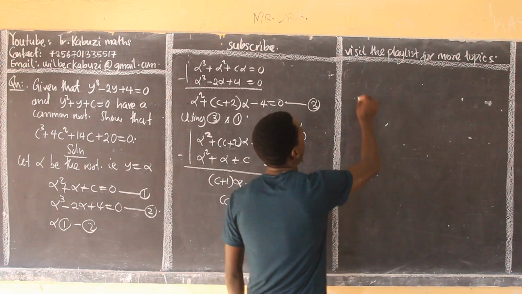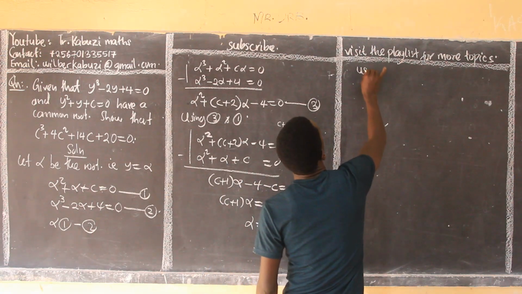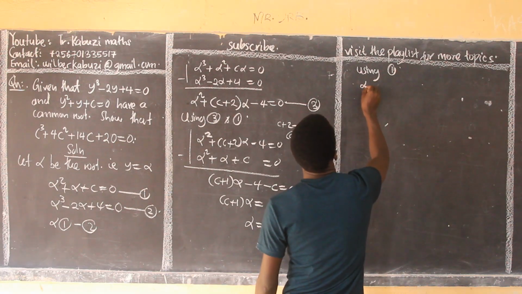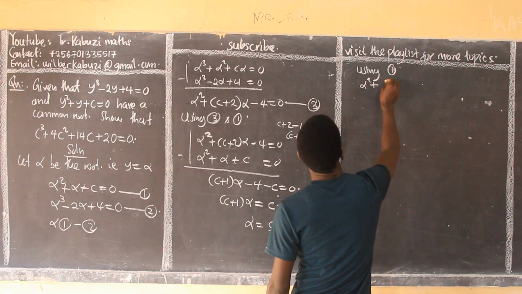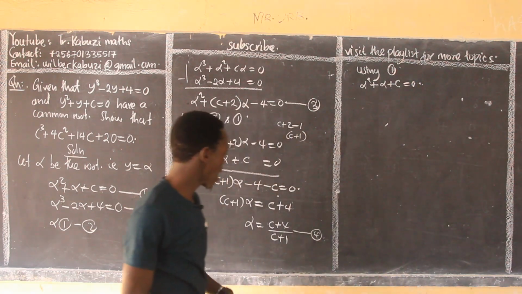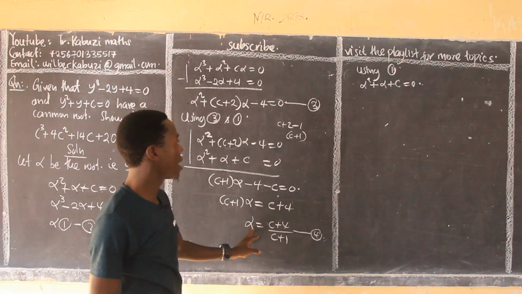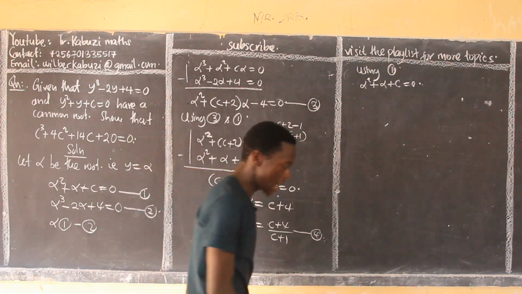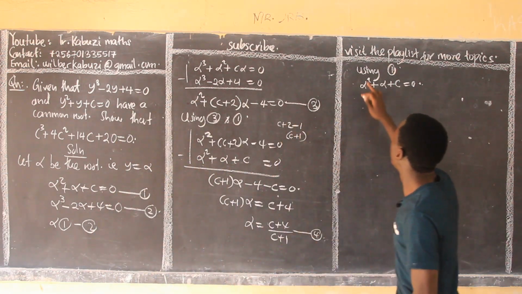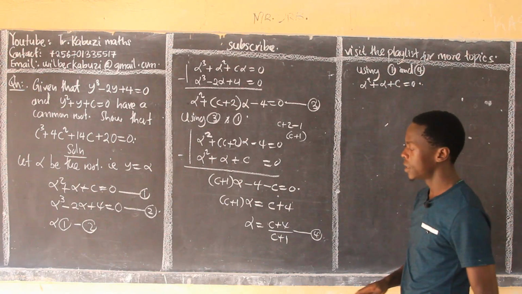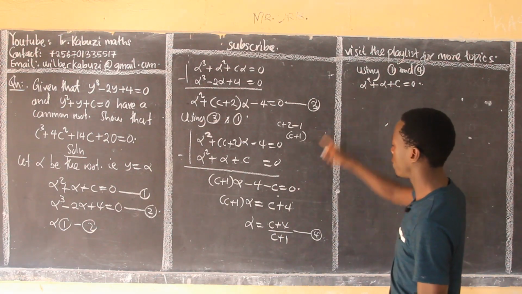Now we say using 1, what is our 1 saying? Alpha squared plus alpha plus c equals 0. Now I have what alpha is, so what I'm going to put there. So here I can ably say that using 1 and 4, where there is alpha, I'm going to substitute this.